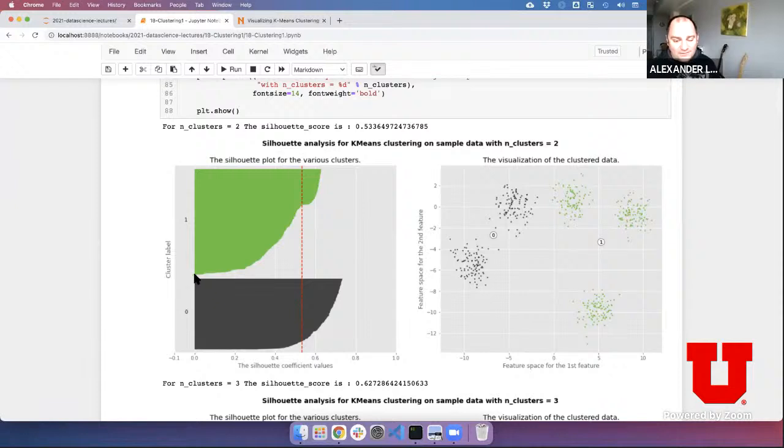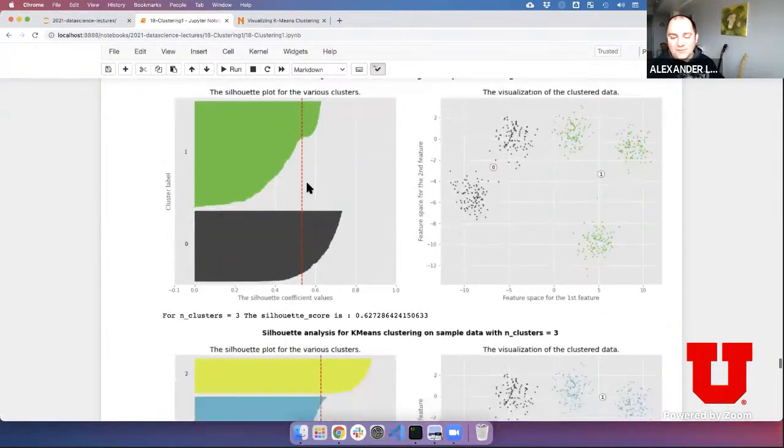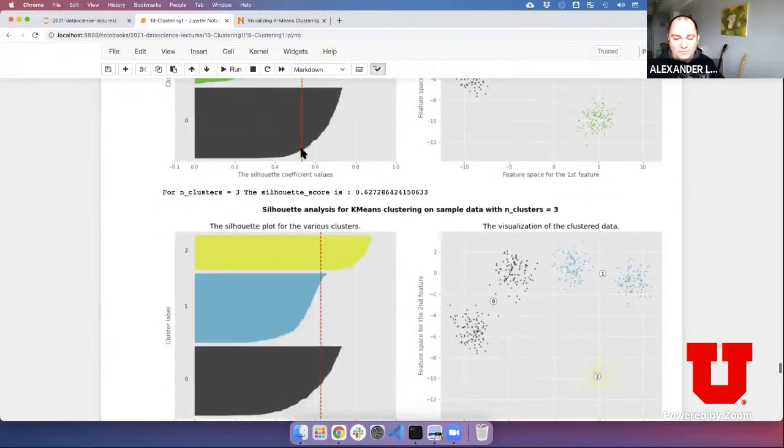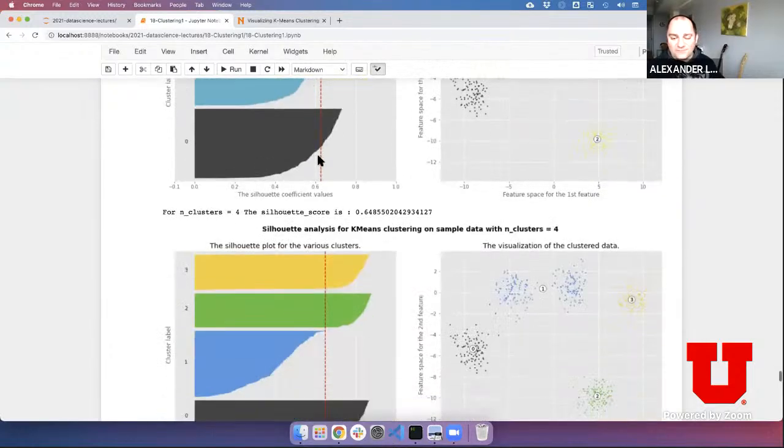You can see that for some items the silhouette coefficient is slightly negative, but for many items it's positive, though not necessarily uniformly great, right? And then we can compare that overall silhouette score and the individual silhouette coefficients across different configurations.